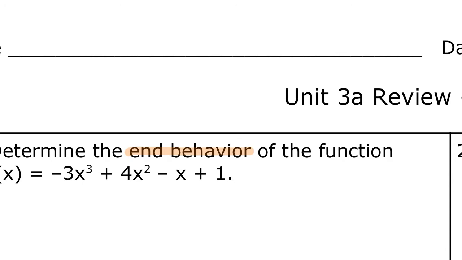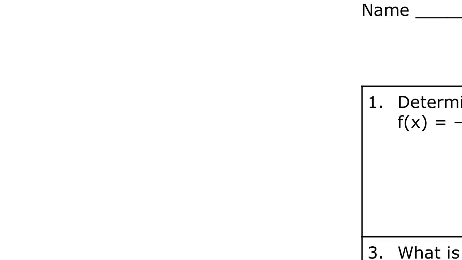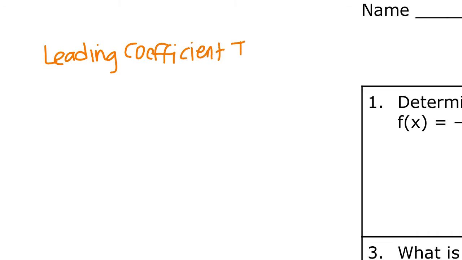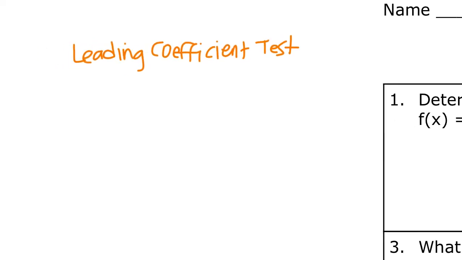So leading coefficient test, I'm going to write this on the side. It helps us to figure out what the end behavior of the graph of a polynomial is going to be. So if the leading coefficient is positive and it has even degree, then both sides are going to point up.